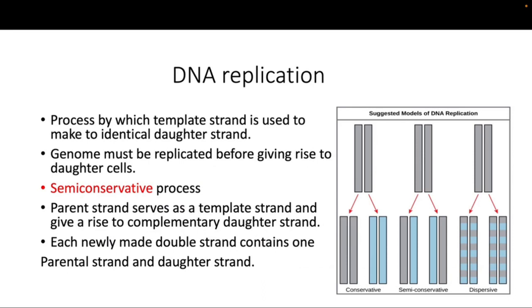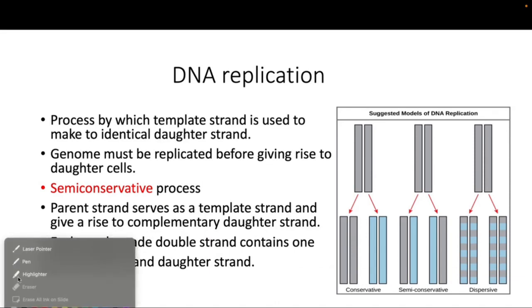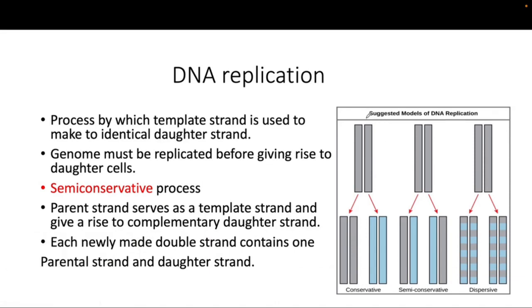For instance, on the right side of the image, this is the conservative model, and the new strand being synthesized does not have any parental strand. Look at this strand here. This is a totally new strand.